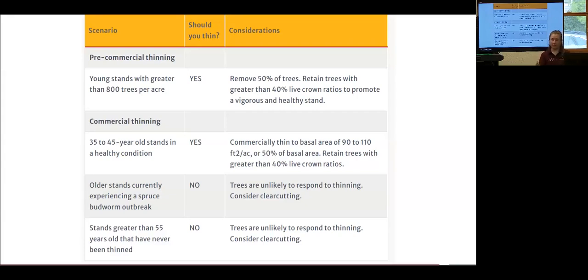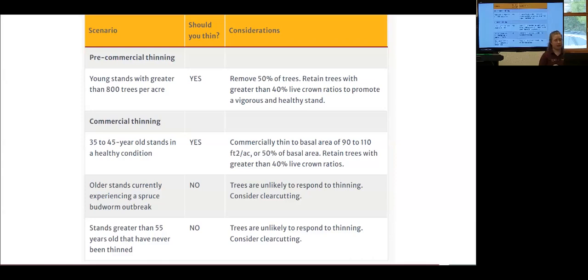They're going to be vigorous after that thinning, because young trees are growing at a much higher rate. So when they're suppressed, they're younger, they just want to grow. So if you go in there and open up growing space, they're going to respond to that opening up of space, and they're going to put on diameter growth, they're going to put up height growth, and they're going to respond by growing after that thinning.